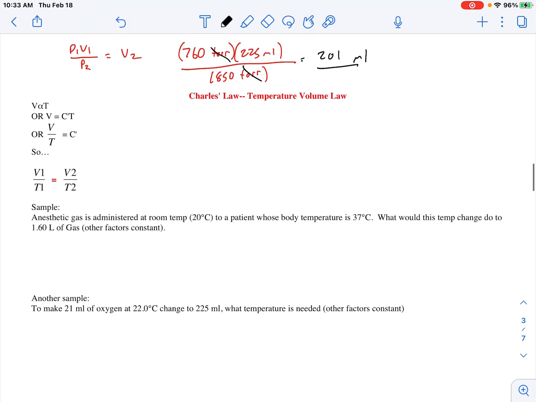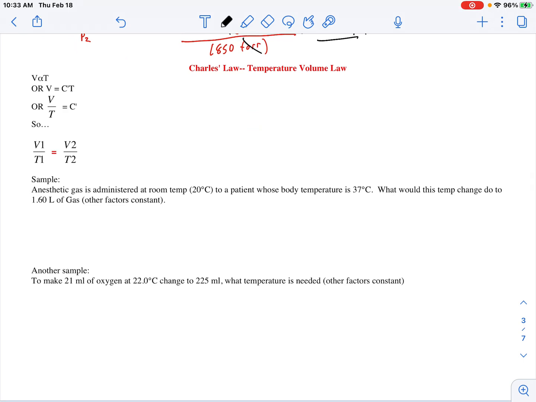Moving on to Charles' Law. So Charles' Law is the temperature-volume law. And so similarly, we've got just two variables, and we are assuming that the other variable, pressure, is constant.